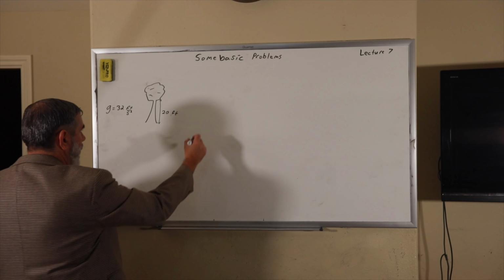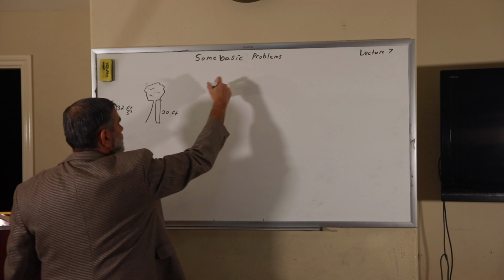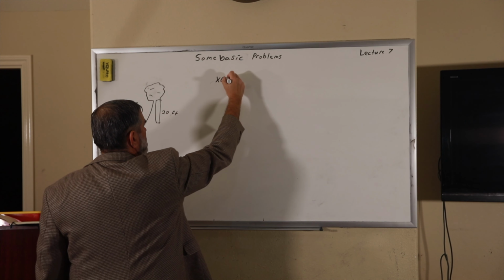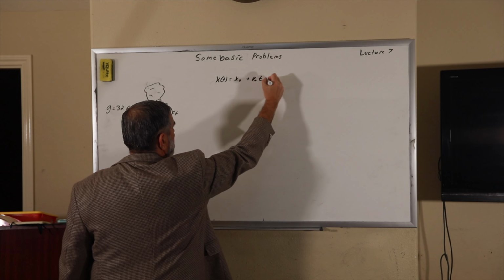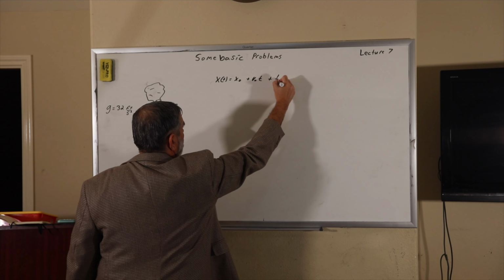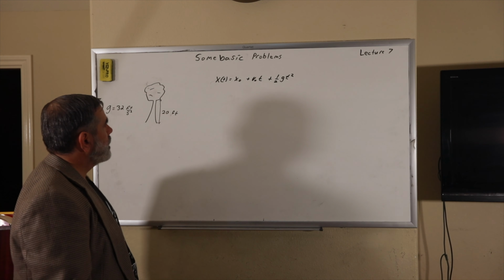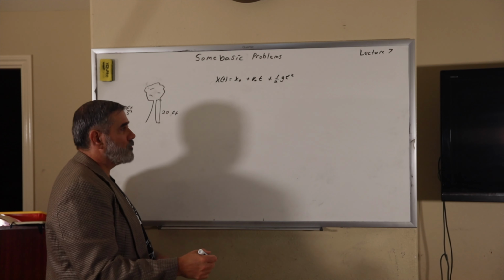We know that delta x is 20 feet. So let's write down the equation we got in the previous lecture for x as a function of time: x of t is equal to x naught plus v naught times t plus 1/2 g t squared. Okay? So this is taking t naught to be the moment that we release, the apple starts to fall.